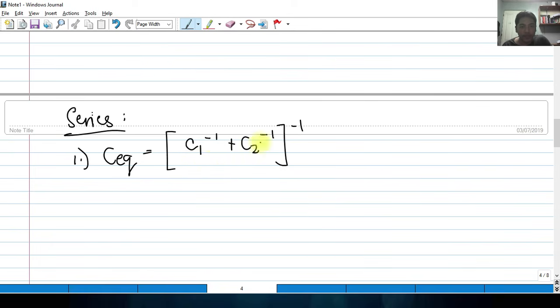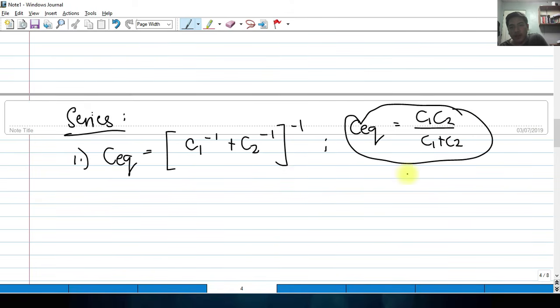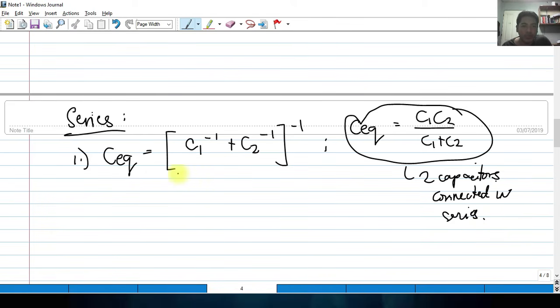This formula applies to any capacitors connected in series. Even if it's 3, 4, 5 capacitors, you can always use this formula. Or if we have two capacitors connected in series, we can simply use the product over sum formula. But this formula is only valid for two capacitors connected in series. So it is more advisable to use this formula.